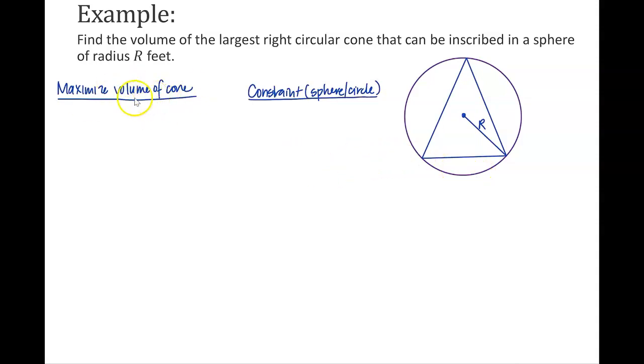Let's talk about the equation for the volume of a cone. The equation for the volume of a cone in general is one third pi times the radius squared times the height. We're talking about the radius of the cone. If this was a three-dimensional cone, the radius would be right here, but I'm going to erase that because we're thinking about it two-dimensionally.